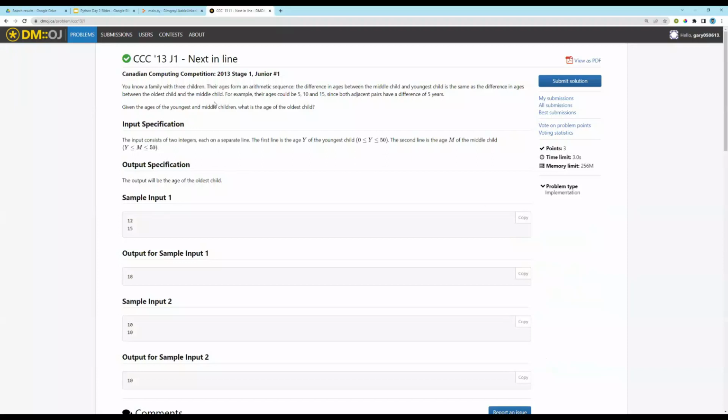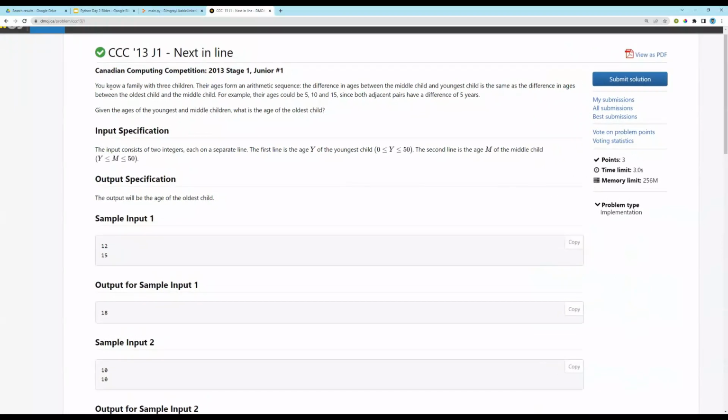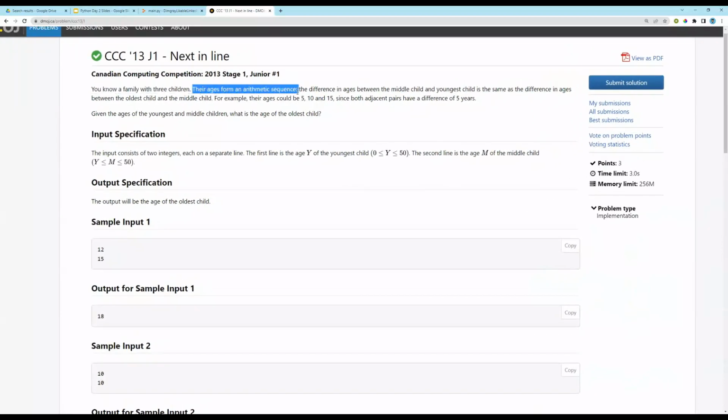Okay, so let's read the question together. A family with 3 children, their ages form an arithmetic sequence. The difference in ages between the middle child and the youngest child is the same as the difference in ages between the oldest and the middle child. For example, their ages are 5, 10, and 15. So what does this mean?